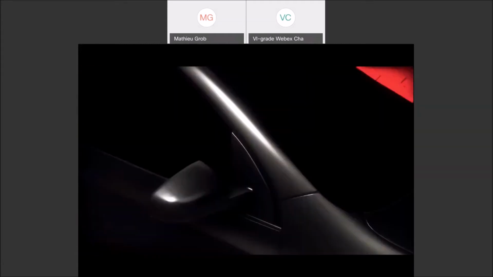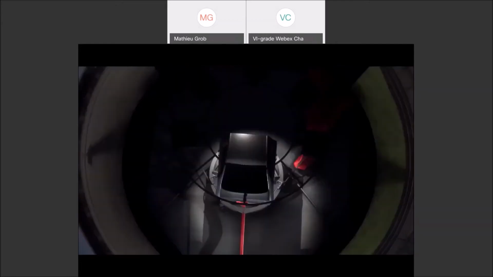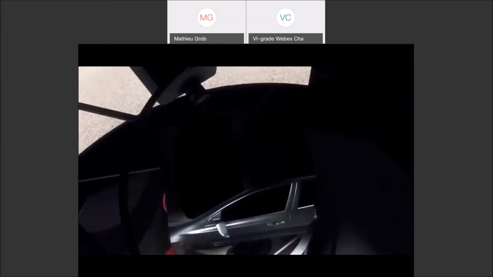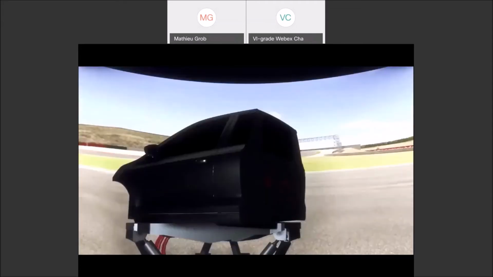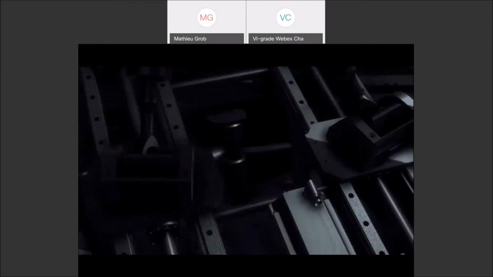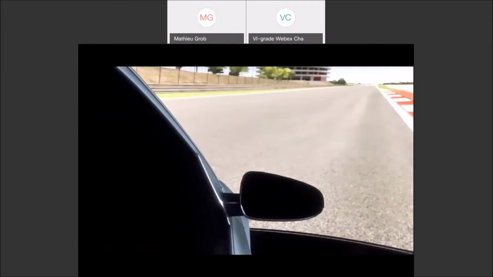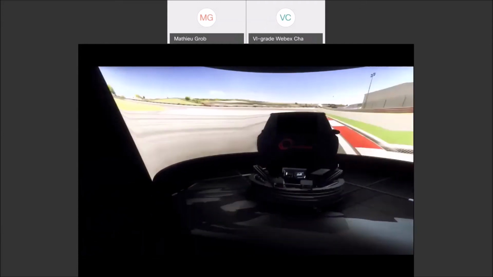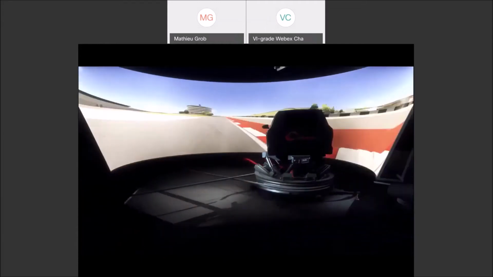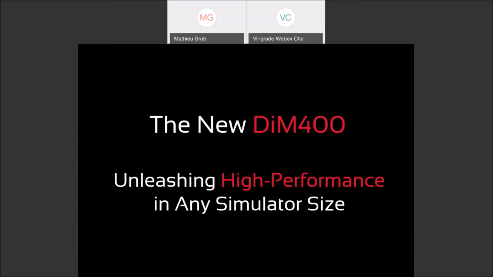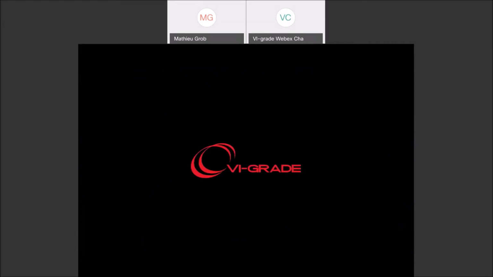So here is our brand new simulator called the DIM 400, for 4 meters of workspace, that is cable driven, as I will detail in a few seconds. It has exactly the same philosophy with a separation and a two-stage machine, but a technology that allows you to have a bigger workspace with still high reactions.